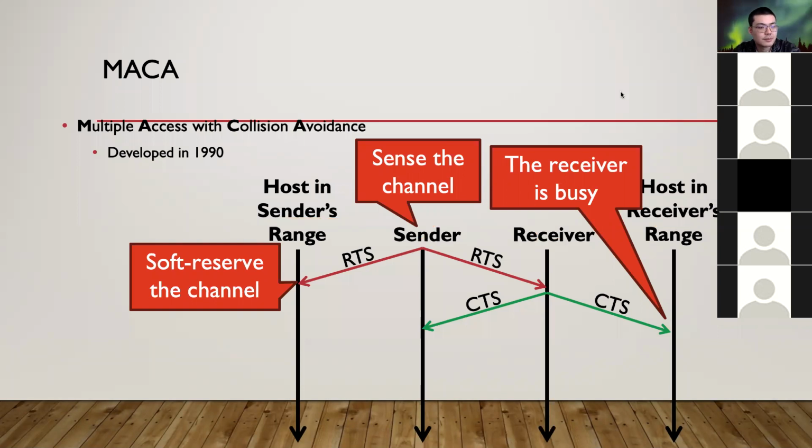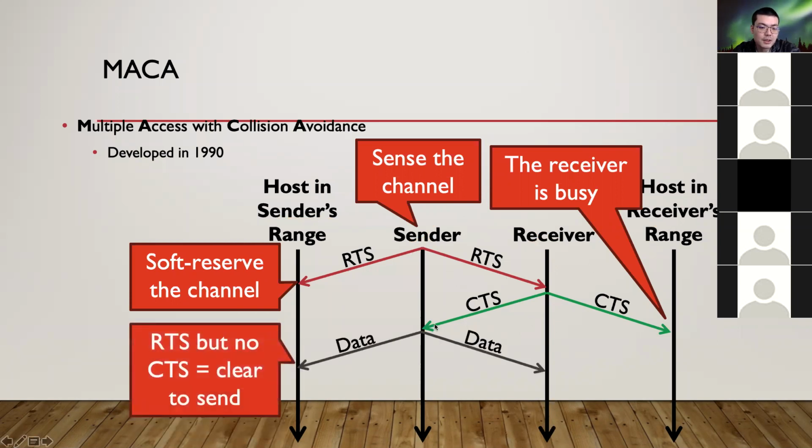When the receiver finds that a packet comes in and it is the destination, it will send a so-called CTS, clear to send, which means, hey, now you are able to send. Once the sender receives this clear to send message, it will just send the data. So RTS is request to send, and CTS is clear to send.